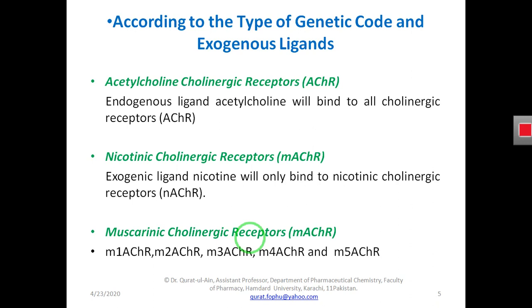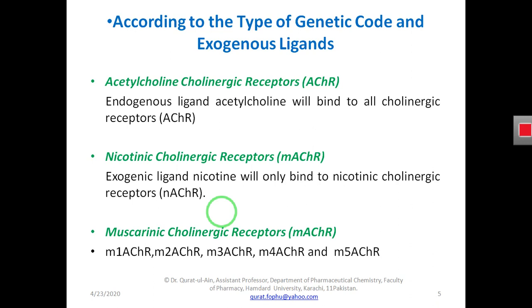So on the basis of the exogenous ligand, the receptors are divided into nicotinic cholinergic receptors. These nicotinic cholinergic receptors are those that bind with exogenous nicotine. You all know that cigarettes contain nicotine, so it is a form of ligand, and this nicotine binds with the nicotinic cholinergic receptor.